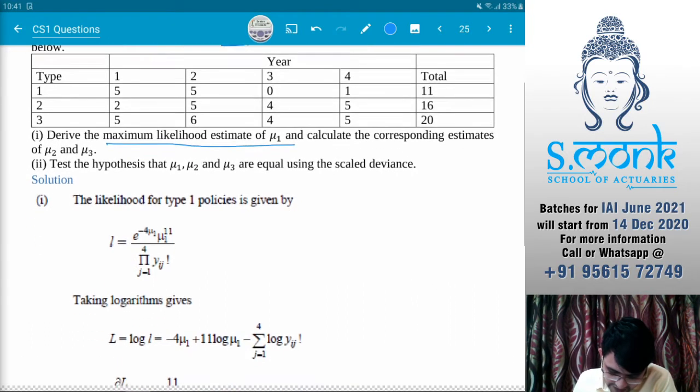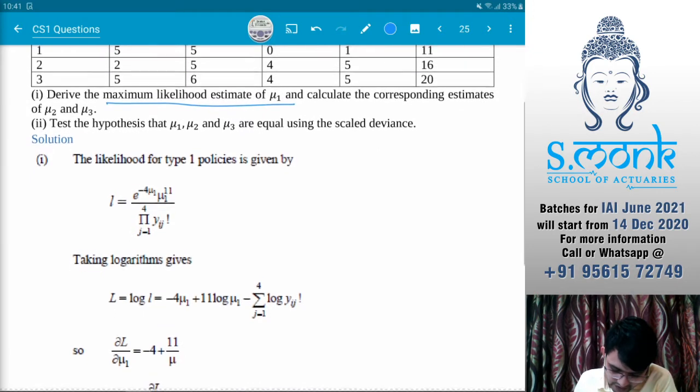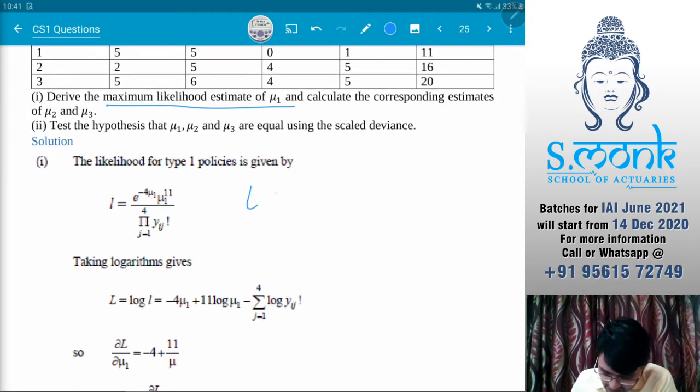So how do we calculate likelihood? Likelihood the same way. This is nothing but log likelihood. No, I think this is just likelihood. Then for log likelihood they have taken it like this. We usually write capital L for likelihood.